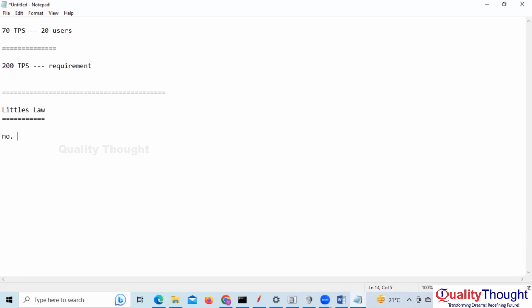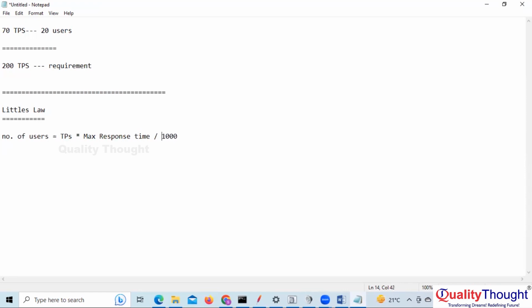So the formula to calculate the number of users here is TPS into max response time divided by 1000.